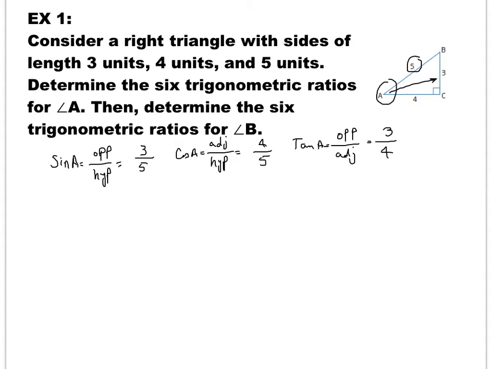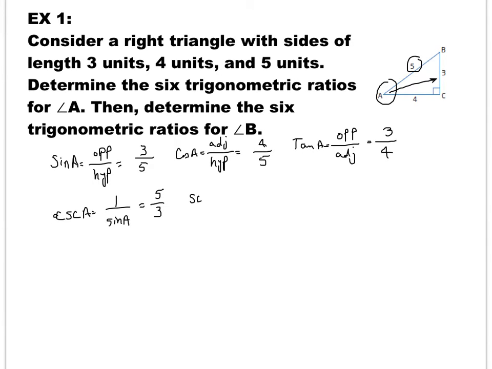Now we are going to find the reciprocal trig ratios. The first one is cosecant A, which by definition is 1 over sine A. If sine A is 3 over 5, then cosecant A is 5 over 3.